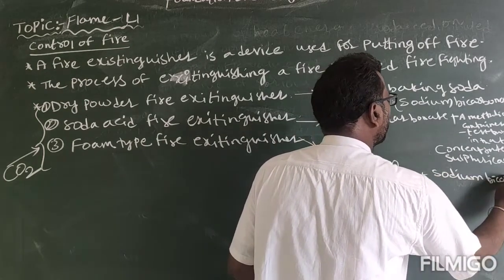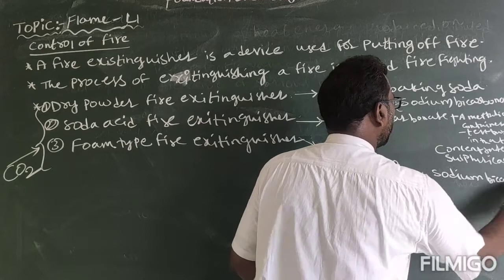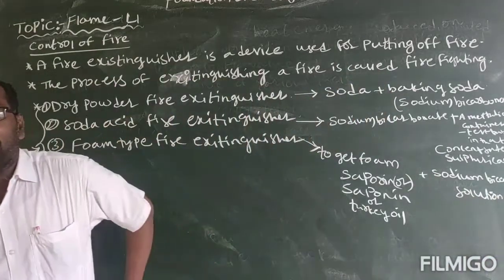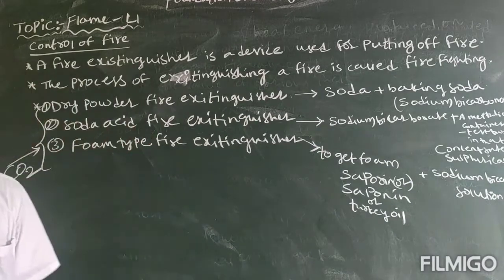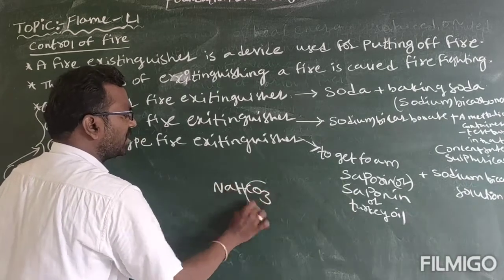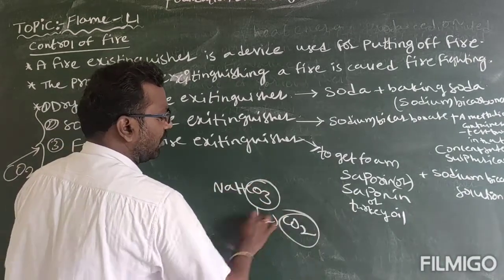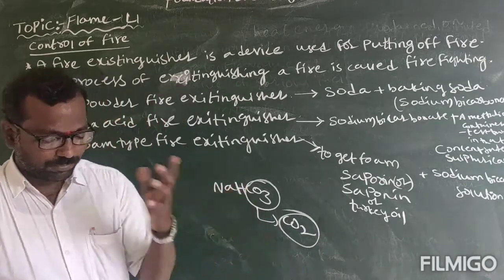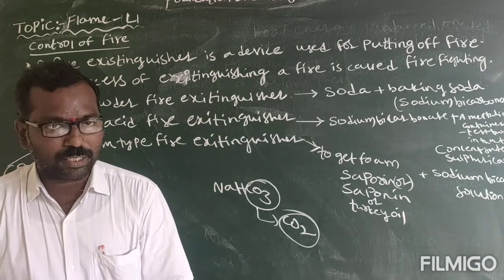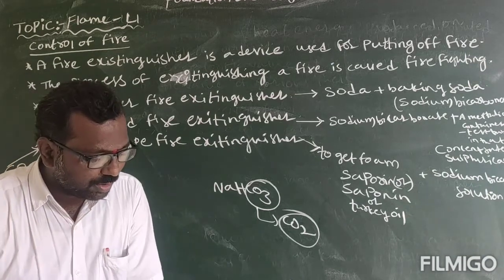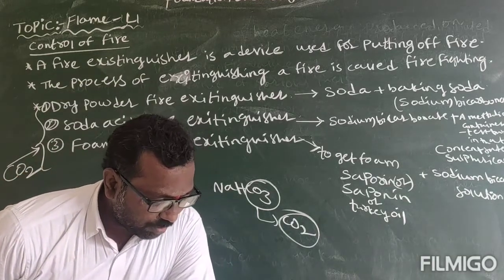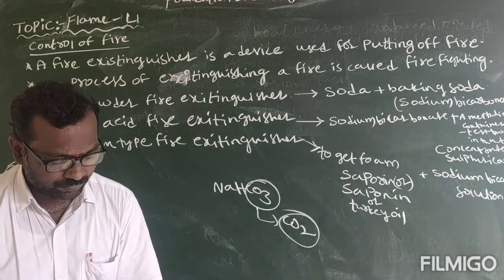See, baking soda is used for putting off the fire. Why? In baking soda there is NaHCO3, which will produce CO2. So that will put off the fire majorly. Is it clear? That is the case with foam type extinguishers.